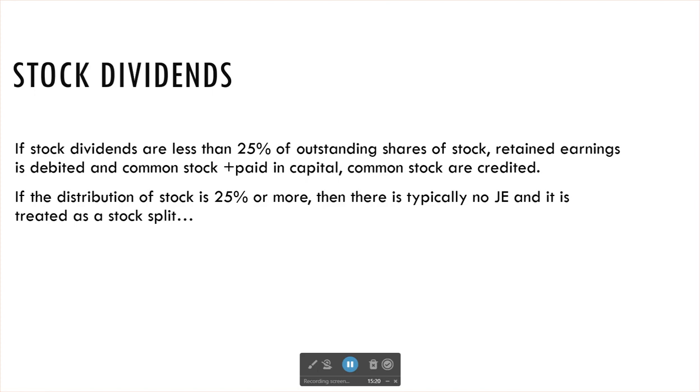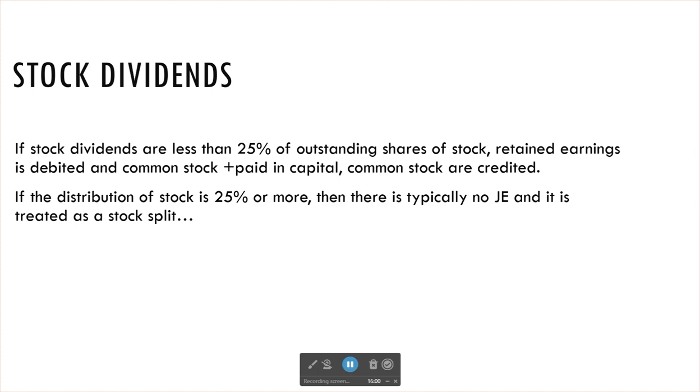Well, if you issue 25 or more shares, the general rule when you do these stock dividends is to go up to fair value. In other words, you're going to be taking out of retained earnings the fair value of these shares of stock that you're distributing to shareholders. If it's a large number, which is 25% or more, that's the second one I'm discussing here, that's considered a large stock dividend.